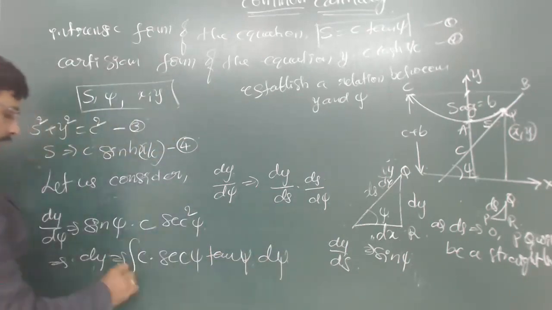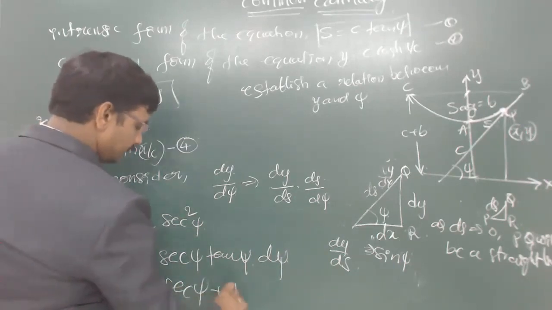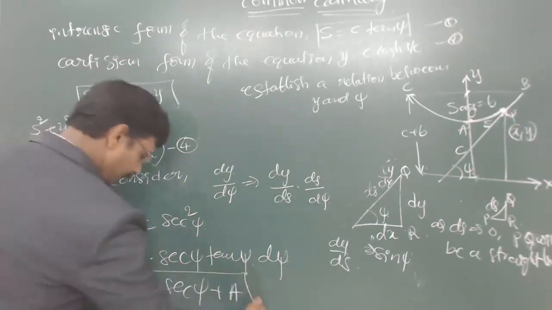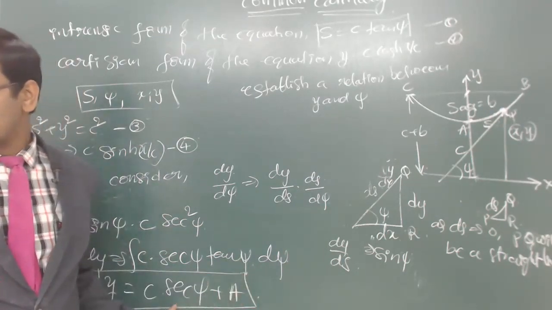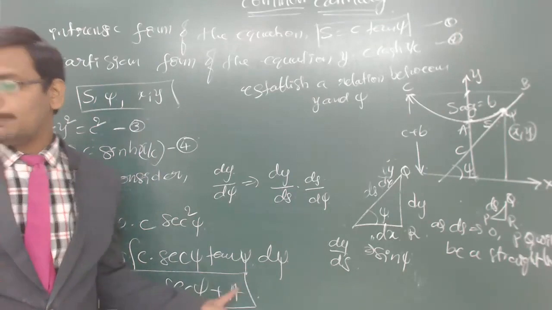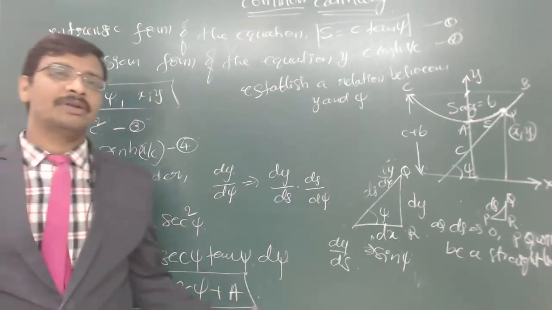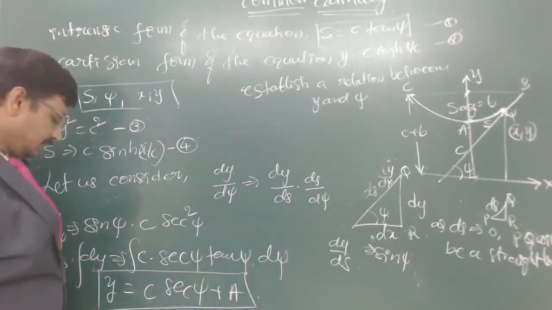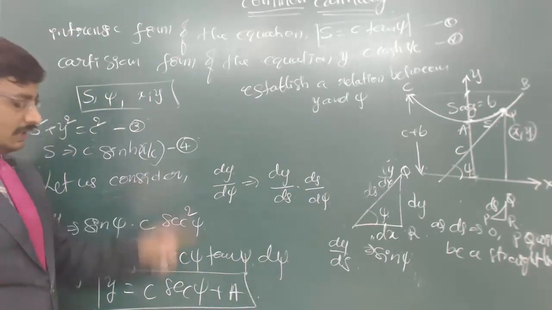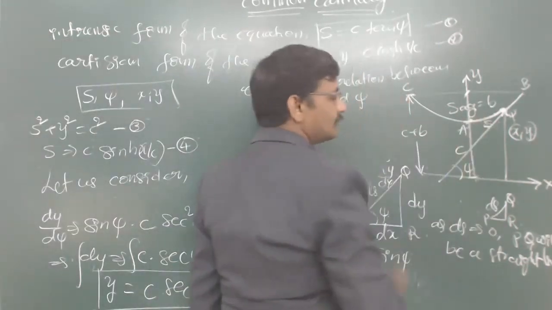Now if you integrate on either side, y is equal to c times secant psi plus a, some constant. The integral of secant into tan is nothing but secant. So c secant psi plus a. Now this a value we need to find out, because this is the arbitrary constant we got by integration. So y equal to c at psi equal to 0, that is at this particular location, at x equal to 0.